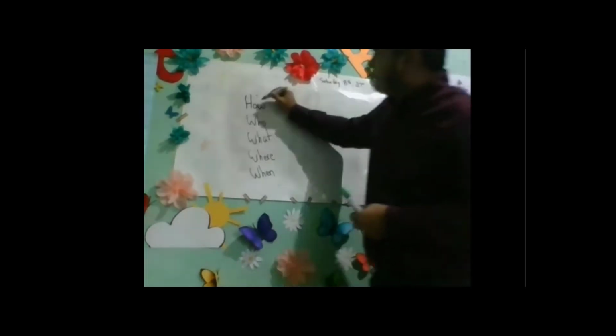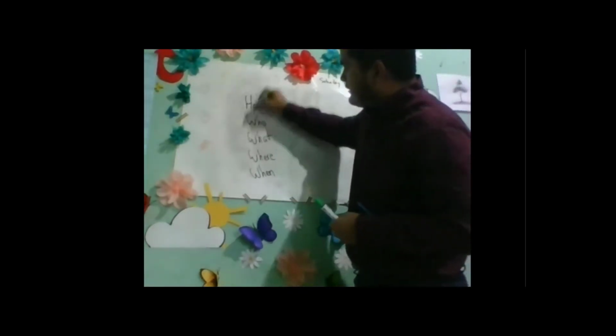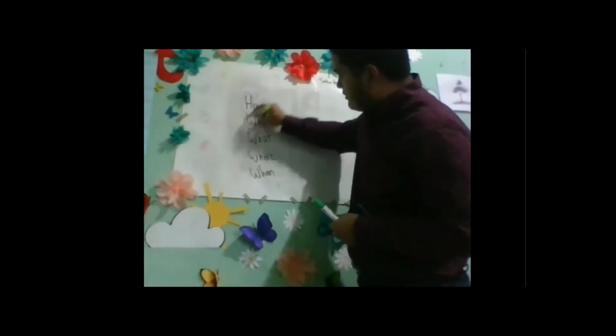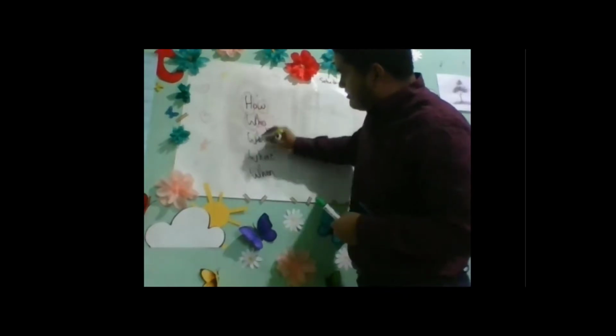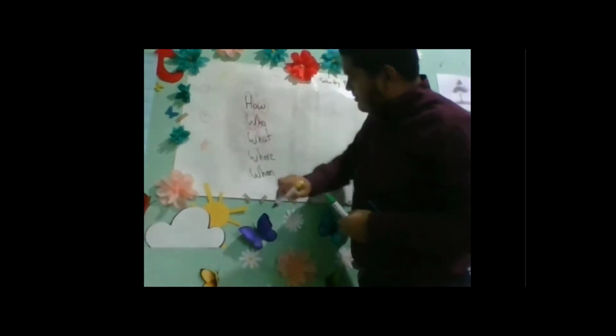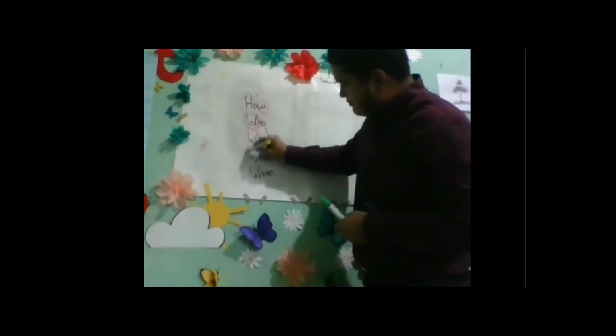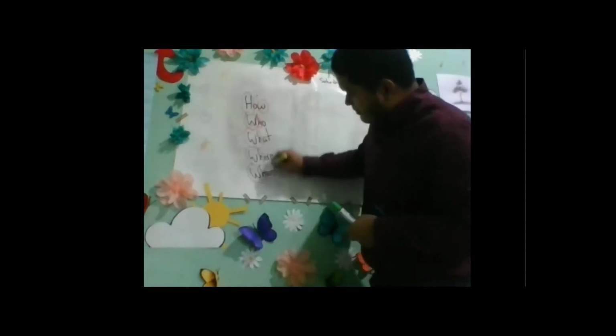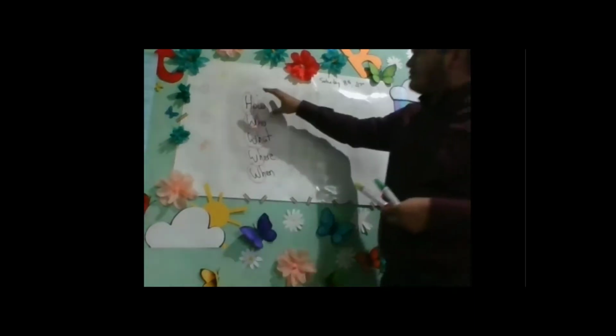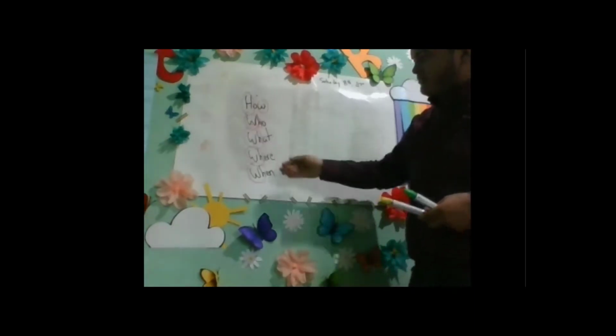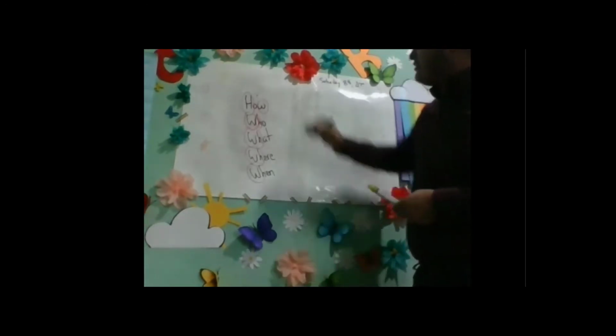What do we have over here? A W and an H. Once again, W and H, W and H, and W and H. This is why these words are called WH questions, and they are called like this because they are generally used at the moment of asking questions. There is another word to this.